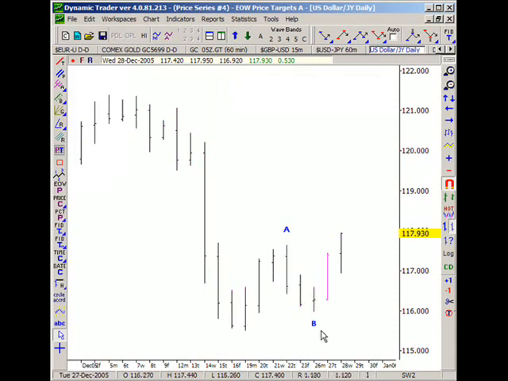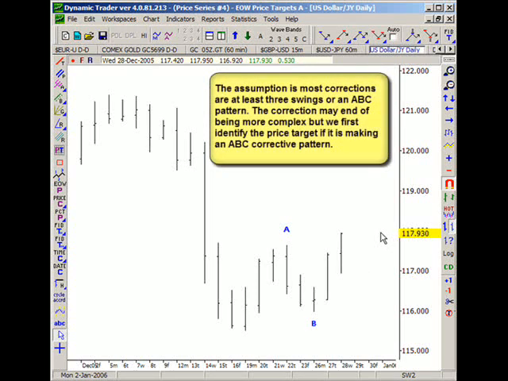Now, if the market's making a correction as we anticipate, it may make some type of correction other than a simple three-wave ABC correction. Even though ABCs are the most frequent type of corrections, all corrections certainly don't make that pattern.